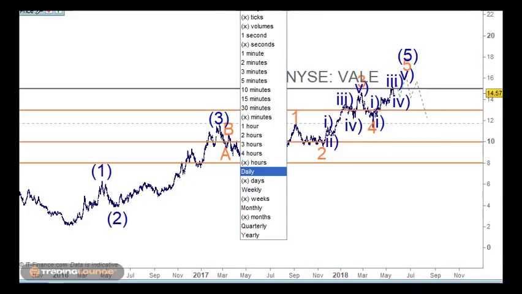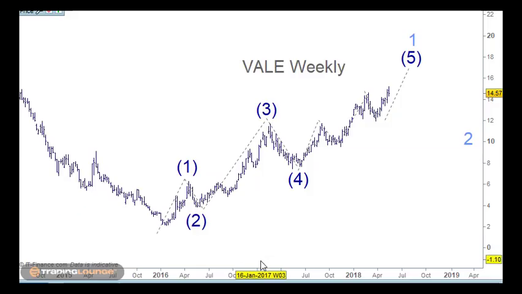On the weekly chart, it would look like this. Wave 1 and 2, 3 and 4, and then 1, 2, 3, 4 and 5. Now I like this count because VALE has always been very clear in its structure and what it's doing. Once it finishes this 5th wave, we'll be looking for a corrective wave.